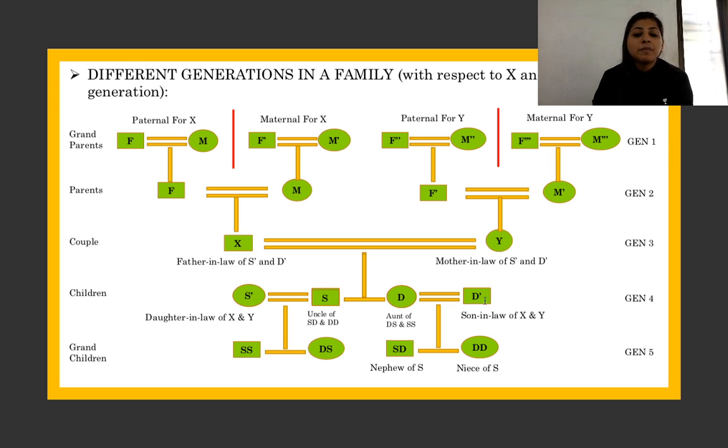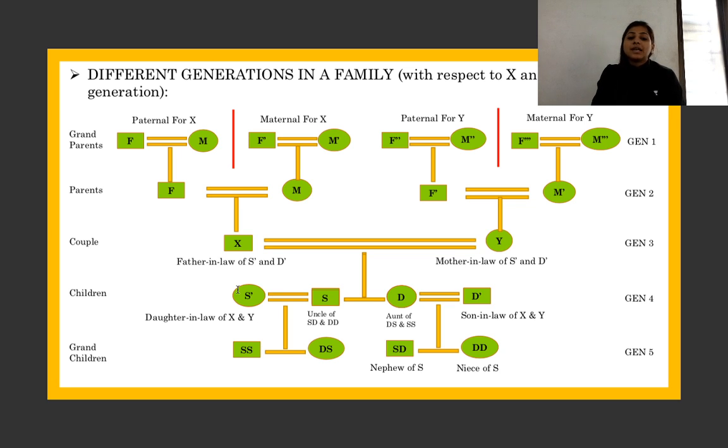Okay, and the same applies the other way around also. Who is S for D dash? Brother-in-law again. So sister's husband is brother-in-law and wife's brother is also brother-in-law. In Hindi again we have different sets of terms for that, but in English it is just brother-in-law. Similarly in the case of sister-in-law, so husband's sister will be sister-in-law and brother's wife will be sister-in-law.